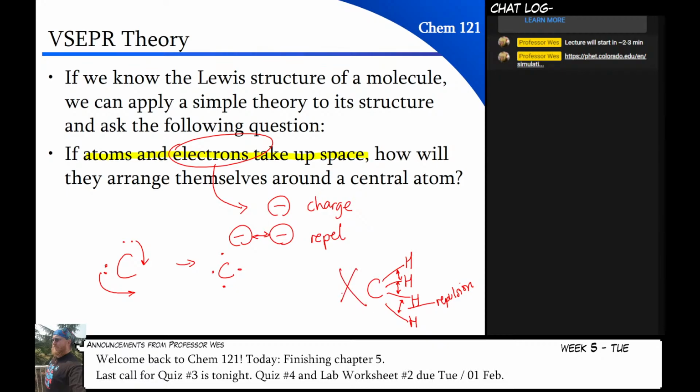Instead, all those bonds would push apart because the bonds contain electrons. And they would spread out around the carbon in the orientation that gives you the most possible space between them. In other words, something like this, right? Where I have the maximum angles possible. Now, again, my picture is a little deceptive, but we're going to talk about that in a second.